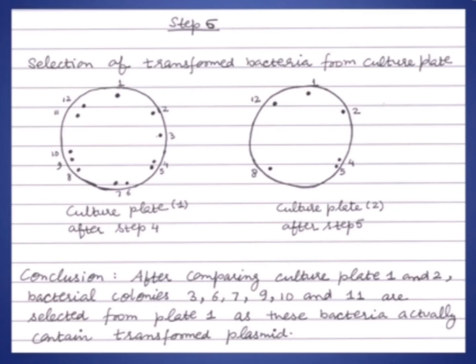Got it? So this is the way how we can identify the transformed plasmid or transformed bacteria, or I can say recombinant bacteria from that of the non-recombinant ones. If you see further, number 6 and 7 are not there in the second culture plate, meaning those must be the recombinant bacteria with the transformed plasmid.